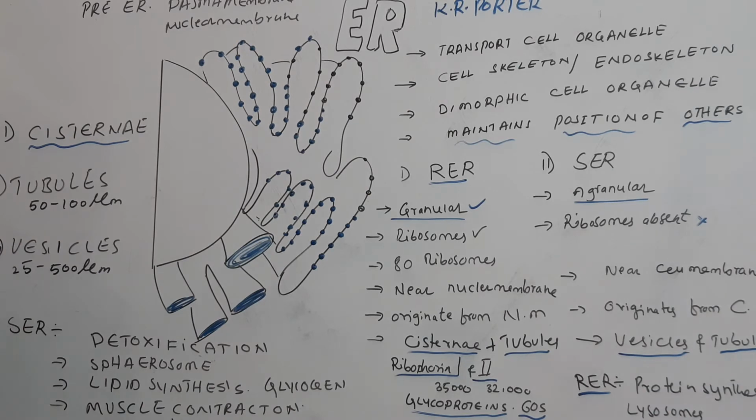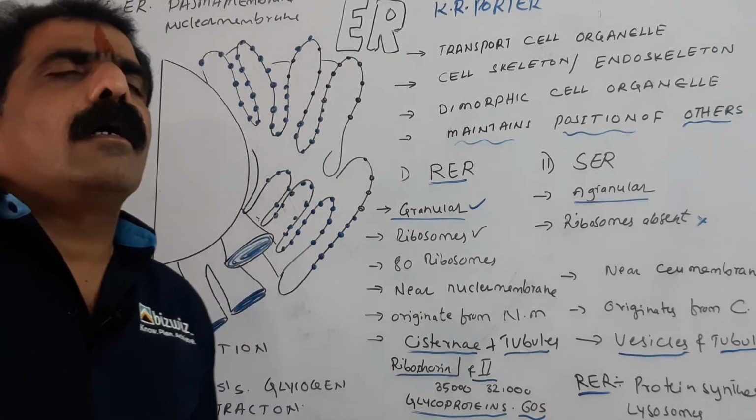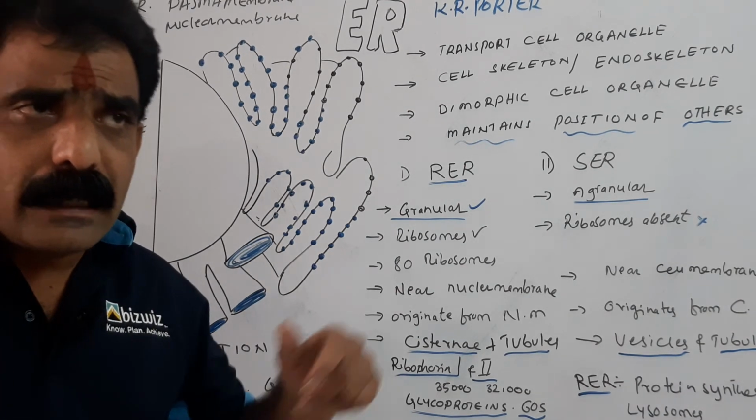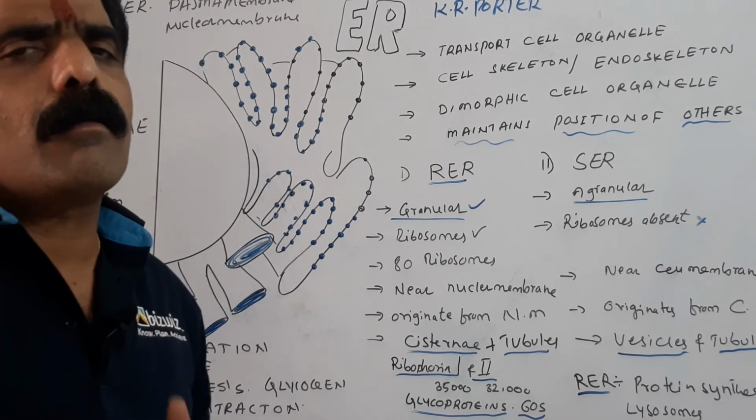Coming to the functions of the smooth endoplasmic reticulum, the main function is lipid synthesis, and in the case of animals, steroidal hormone synthesis.